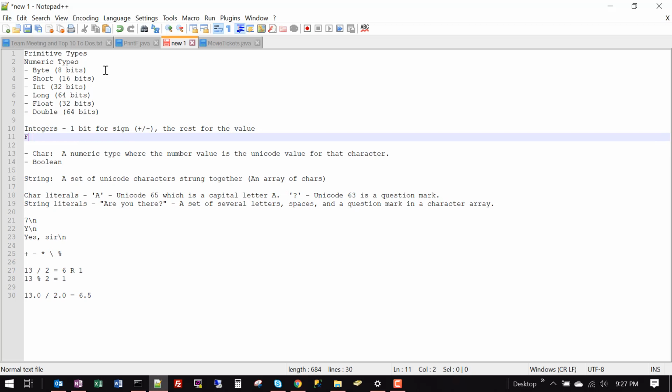With floating point numbers, we have 1 bit for sign, and then floating points are stored in an exponential notation, which is some number raised to another power, because we don't want to represent the decimal point directly.